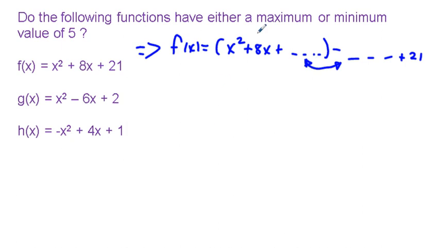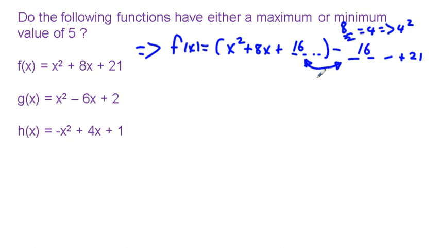To get this term, we take 8 divided by 2, which equals 4, square that 4, so we're going to have 16, and outside we have minus 16.